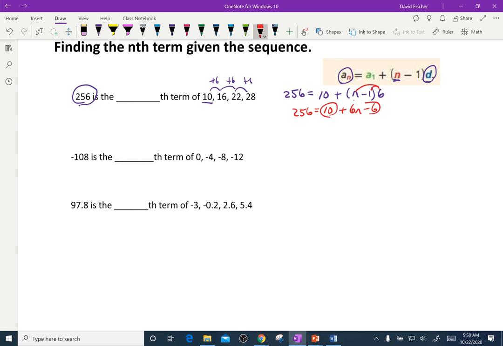I put these two together, which ends up being 4 plus 6n. I'm going to subtract 4 from both sides. Now I get 252 equals 6n. Last step, if I divide by 6, 252 divided by 6, I get n equals 42. So this is the 42nd term.